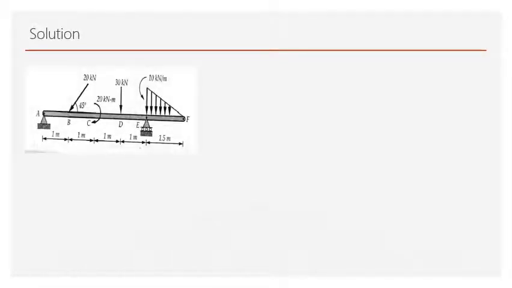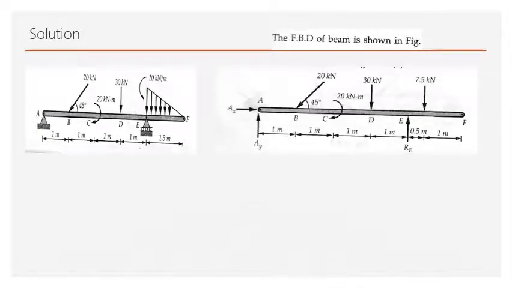So if we draw the free body diagram, see, two reactions are shown at end A. One reaction at the roller support. See the reaction. The reaction is not at the end of the beam F. It is at the supported end, that is at E. Reactions you have to show only at the supports. See, end F is a free end.